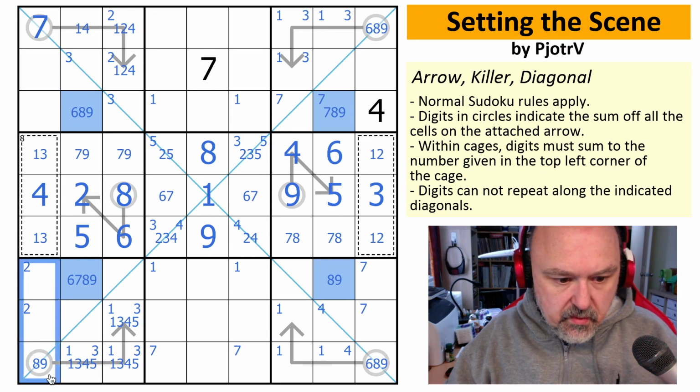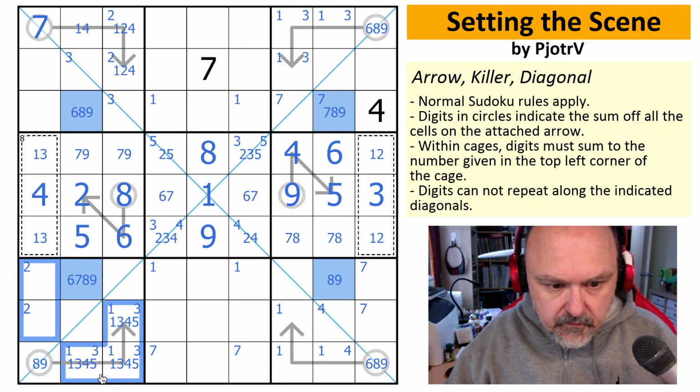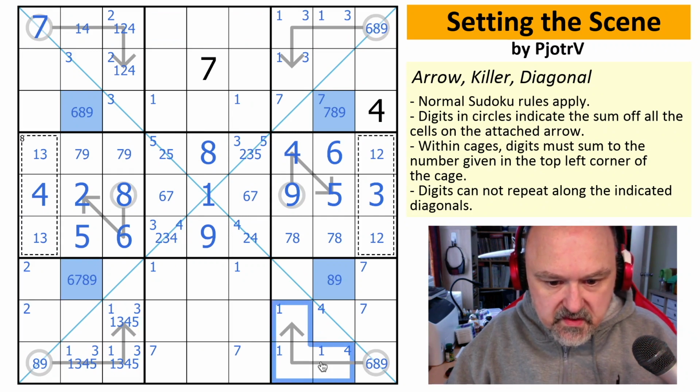Two, 1, 2, 3, 4. I am definitely missing something here. There's something weird going on with these arrows.